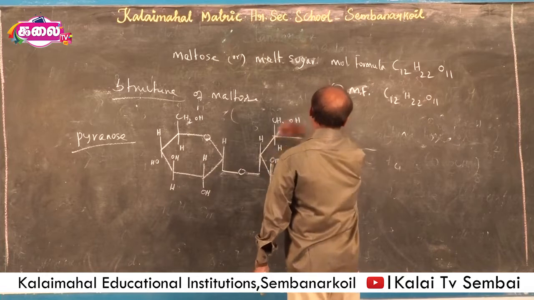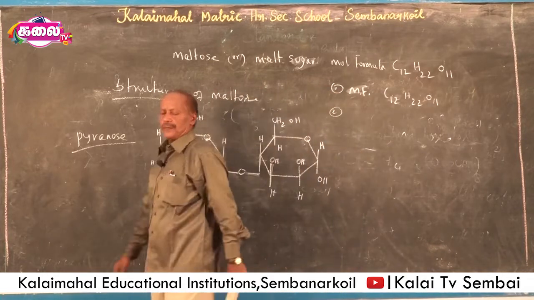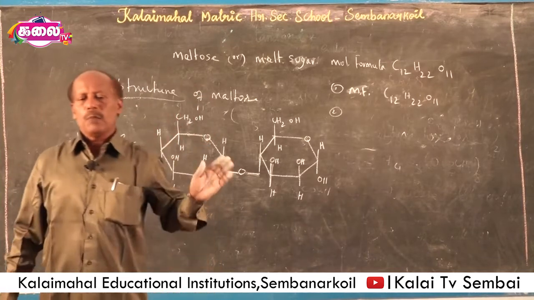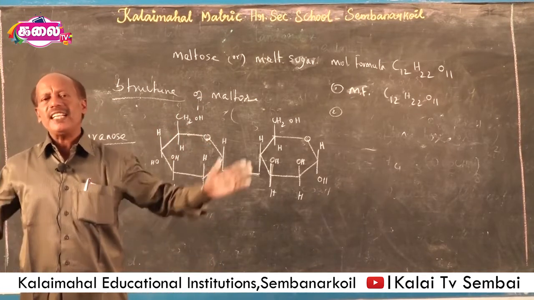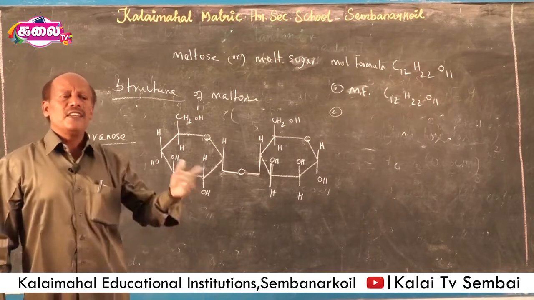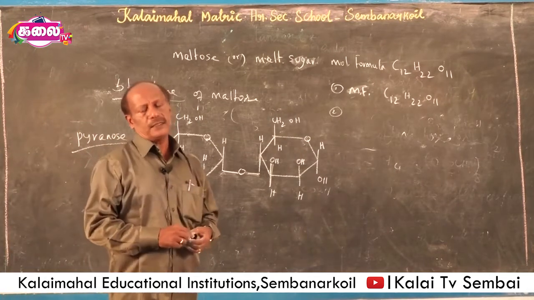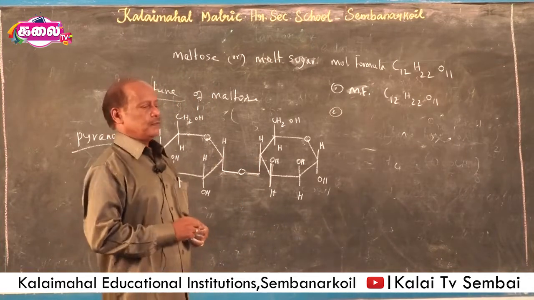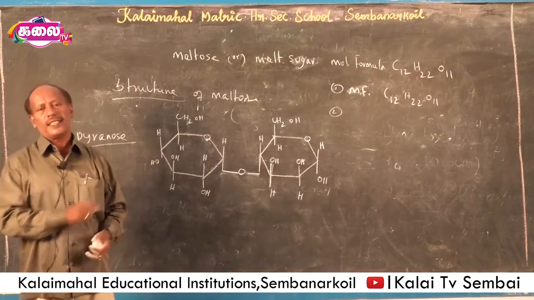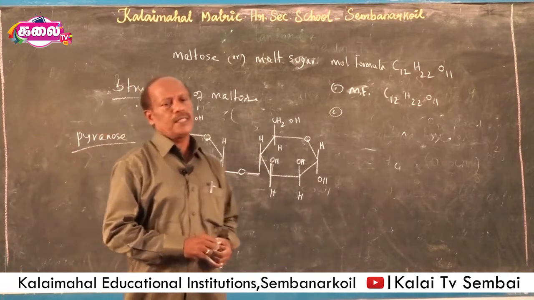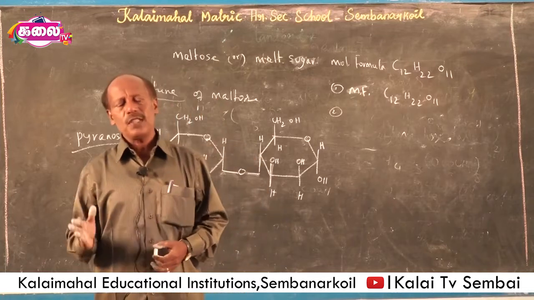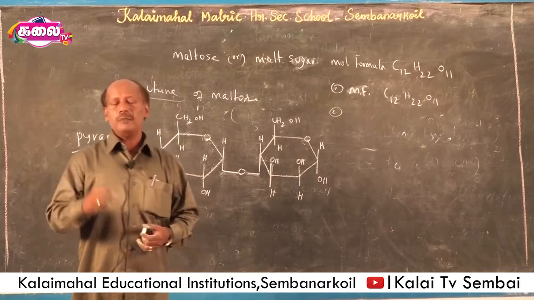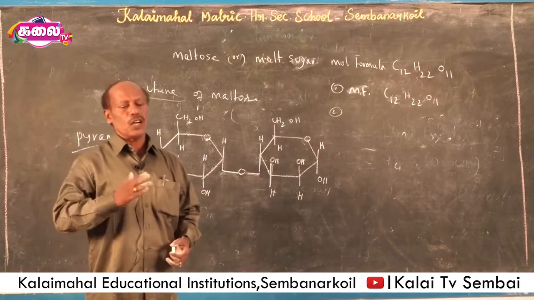The second one is the reaction with phenylhydrazine and hydroxylamine. Maltose reacts with phenylhydrazine, and we get a beautiful yellow precipitate called osazone, maltosazone. We have already seen this reaction in the chemical properties. Maltose reacts with hydroxylamine and gives an oxime called maltose oxime.